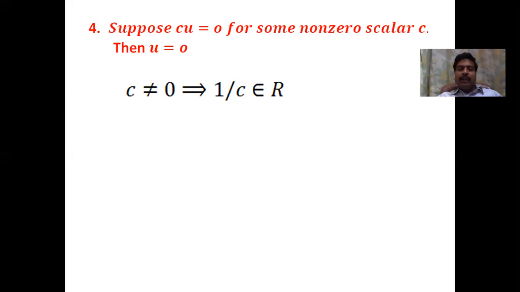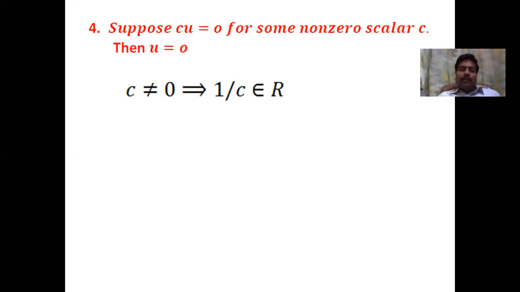Here C not equal to 0 implies 1 by C belongs to R. So here we have taken real numbers, so 1 by C is defined. It must be an element of R.